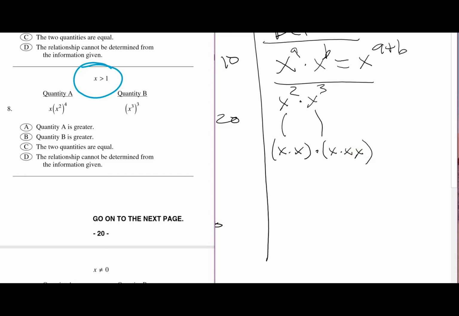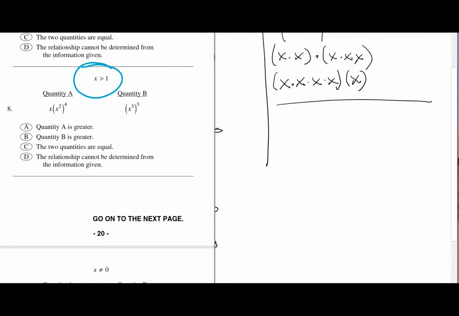So when you're multiplying them all together, it doesn't matter how you combine these. Any such combination, it doesn't matter which way you combine the x's. All you need to know is you're multiplying x 5 times. So this is x to the 2 plus 3, which is x to the 5. So that's key information there.